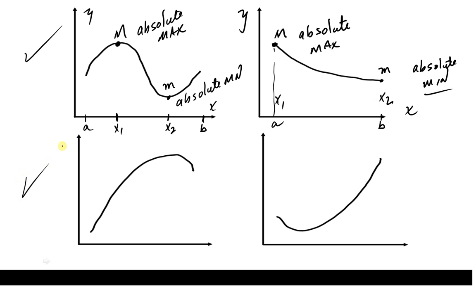In the third example, we can clearly see that at say x2 we get an absolute maximum at an interior point and an absolute minimum at the left endpoint.